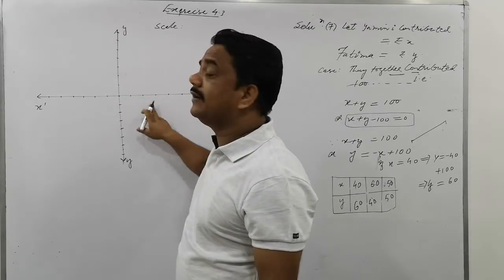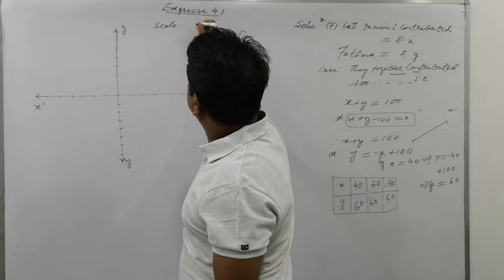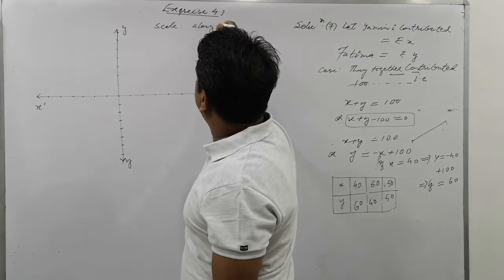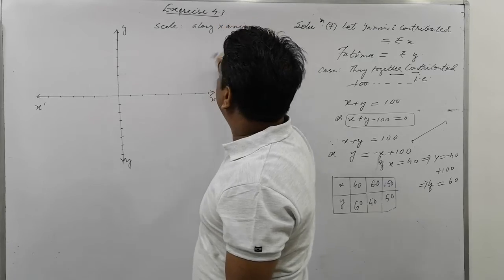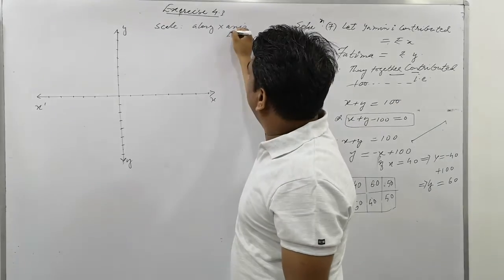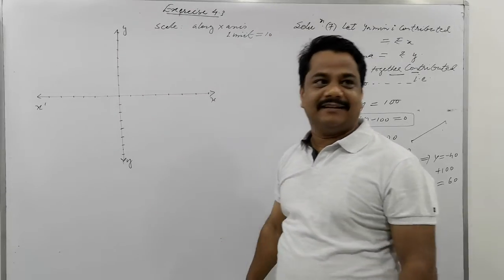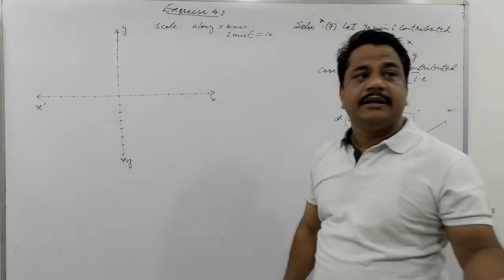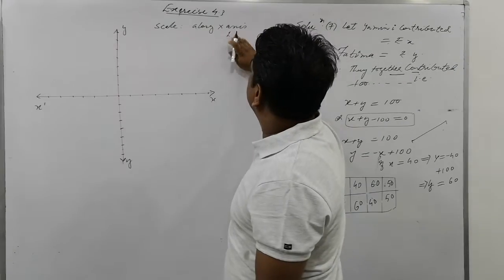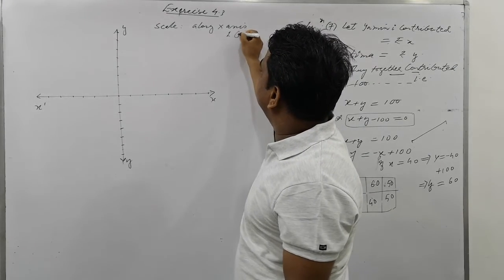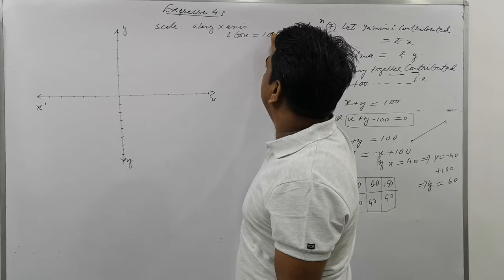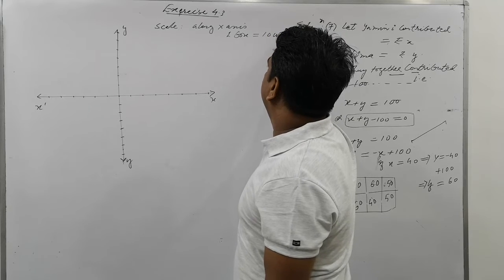Suppose this is 1 unit value here. So you will write here scale along x-axis, 1 unit is equal to 10 you will take here. Along x-axis 1 unit is equal to 10, or 1 box is equal to 10 units.